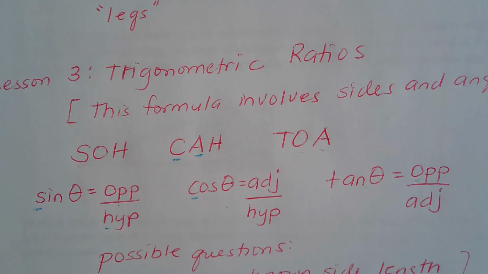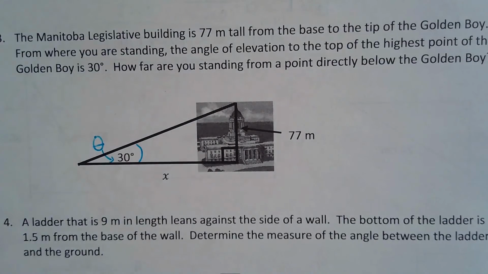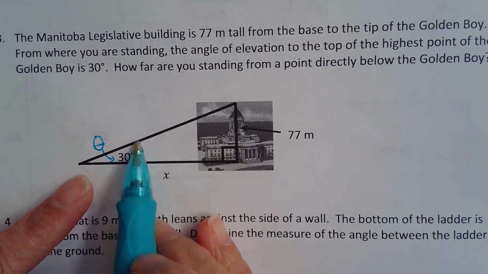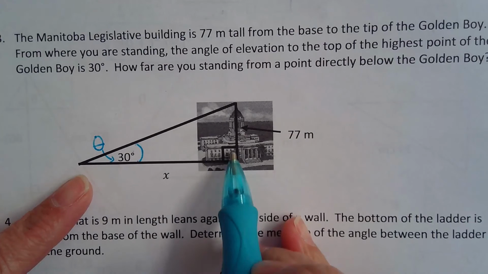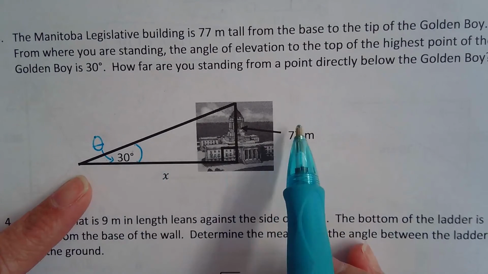Now we need to figure out which one of the three trig ratios. That depends on what information we have. This is the theta, 30 degrees. This is the 90-degree angle.